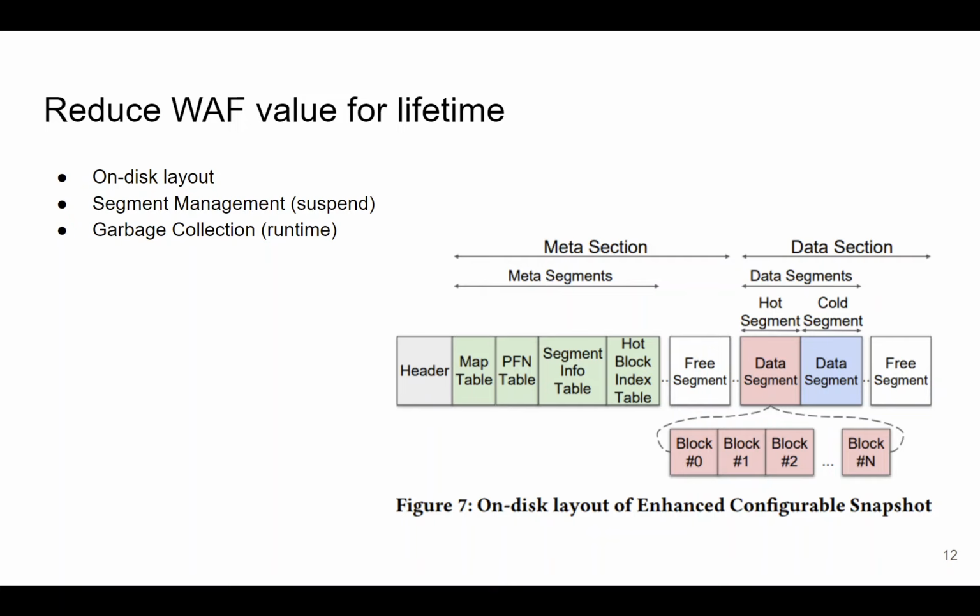A segment is a basic unit of measurement in ECS and consists of consecutive blocks. These units are aligned with the operational units of the underlying FTL layer. By aligning the units with the FTL, ECS can make a small and constant WAF value.